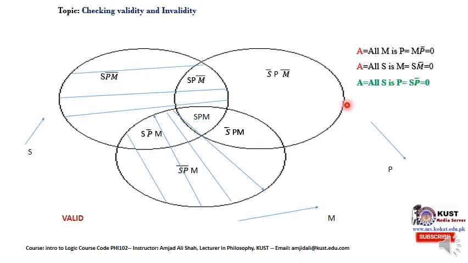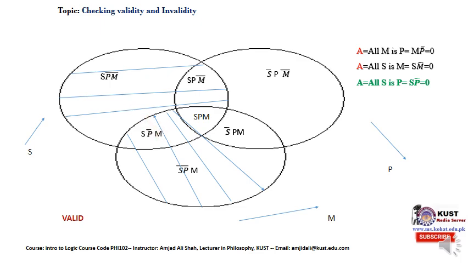Another thing you must remember, suppose we diagram these two premises and we don't find SP̄ shaded, either this one or both. If they are unshaded, then the argument would be an invalid one. But now they are shaded, and that's why we call it valid.